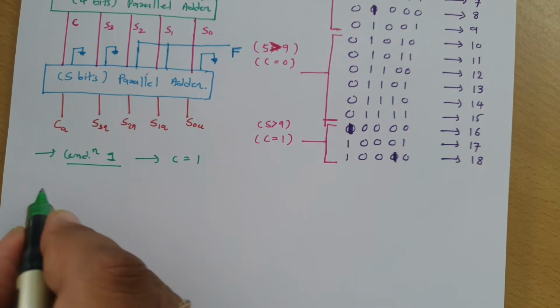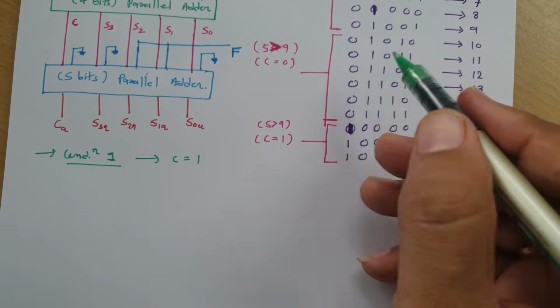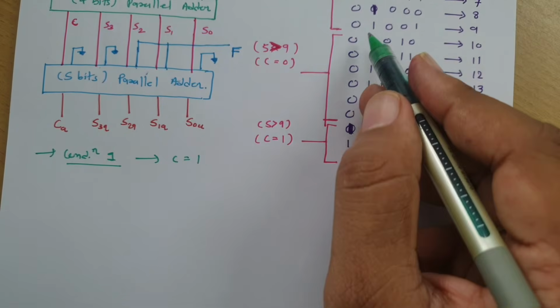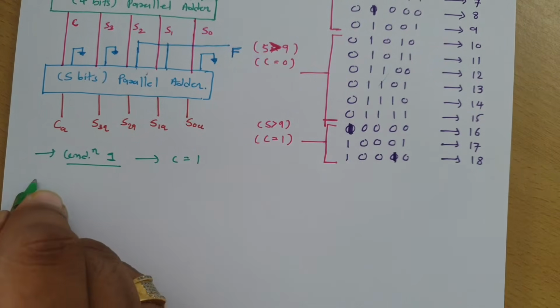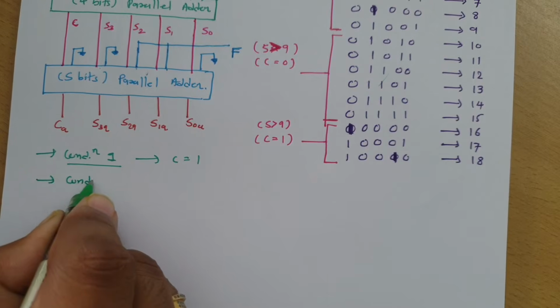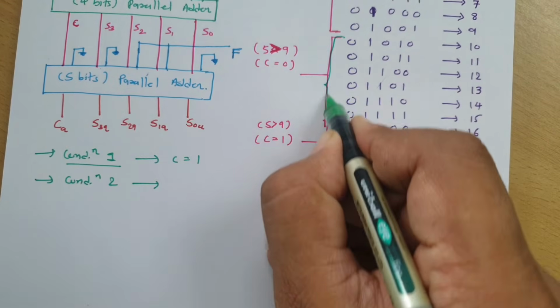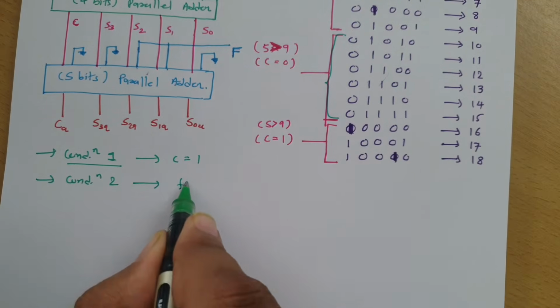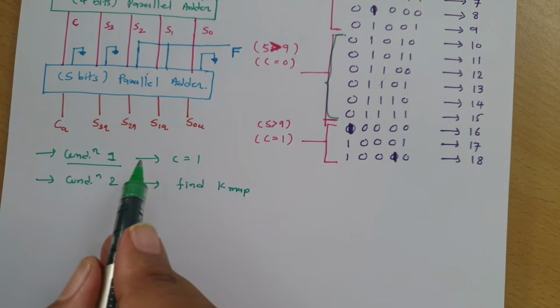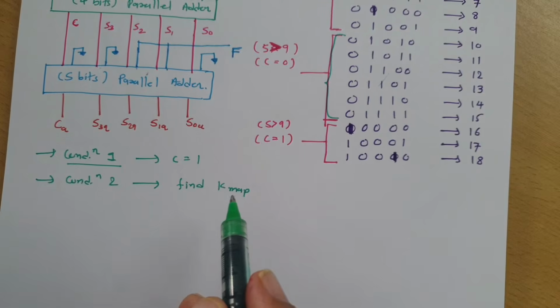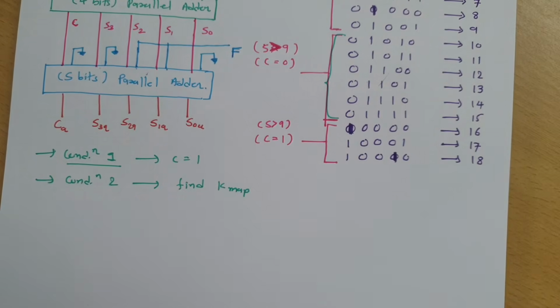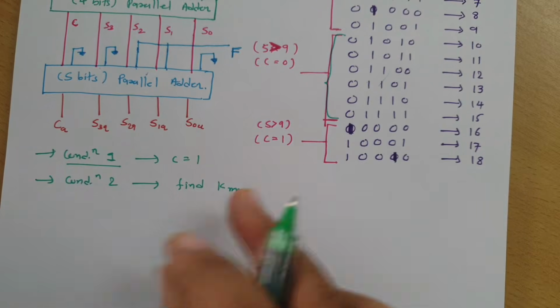So this is one condition, and in the second condition we need to identify this K map. So in condition 2, find this K map, right? And if you OR these two conditions, then that will be function f. So let us simplify this K map.